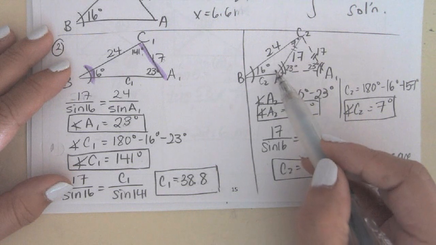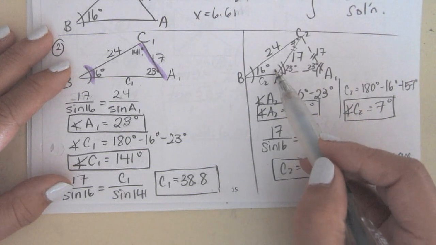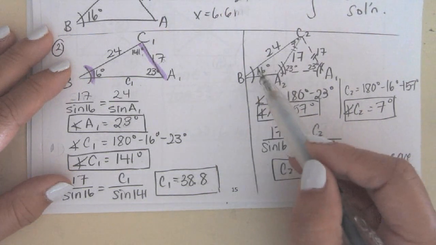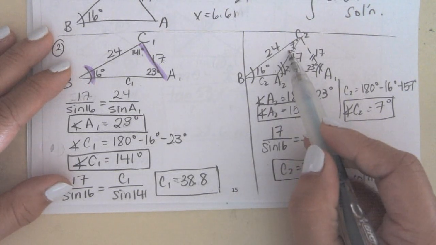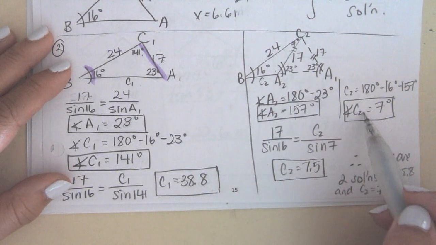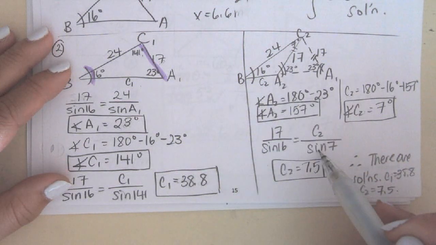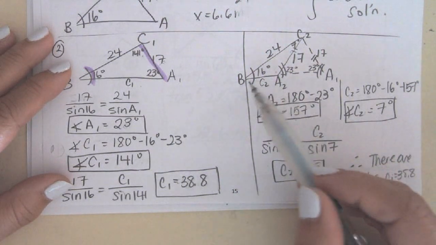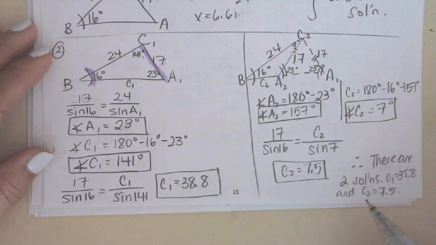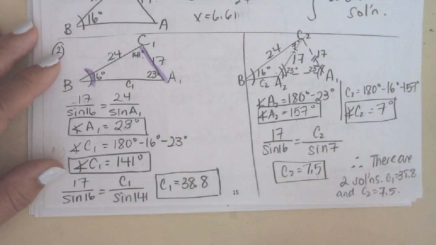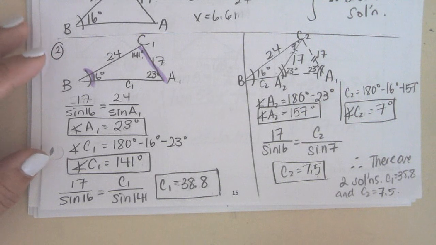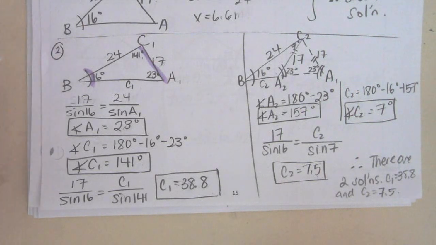If this is A2, we use A2 and B to determine our third angle, C2. With C2, we can now use sine law to calculate this last value of C2. So our final solution is going to say that there are two solutions, 38.8 and 7.5 units.